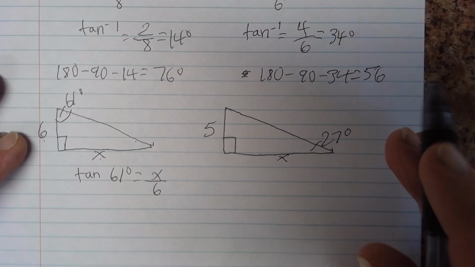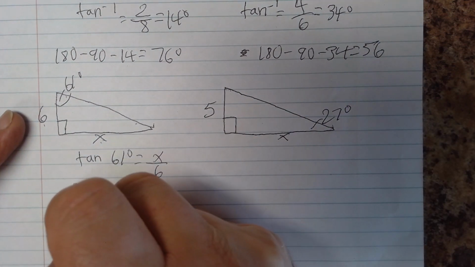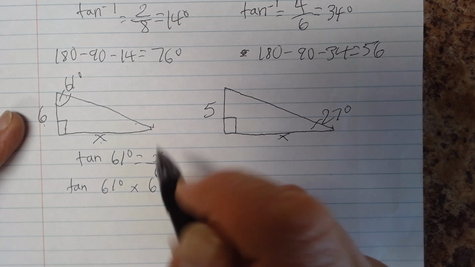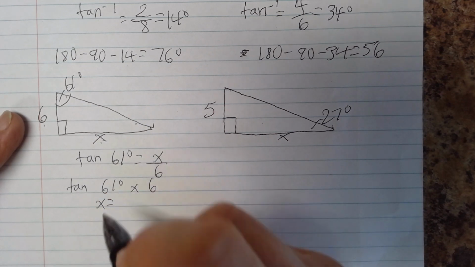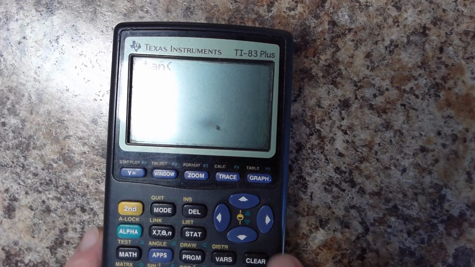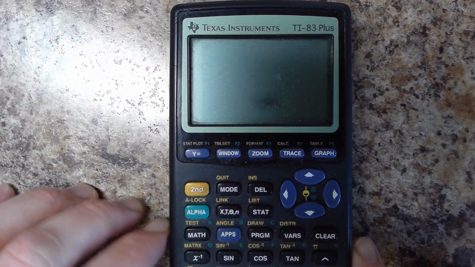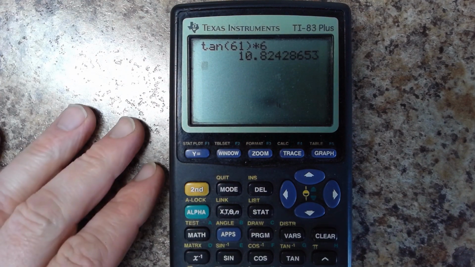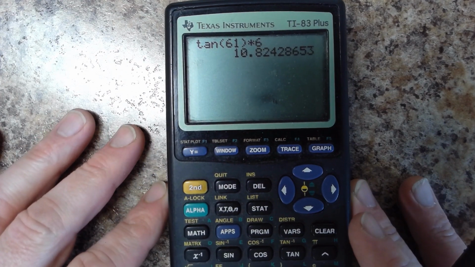So when it's laid out like this, you do tangent 61 times 6, and therefore x will be equal to, on the calculator, you don't need inverse this time because it's not an angle, tan 61 times 6, 10.8.